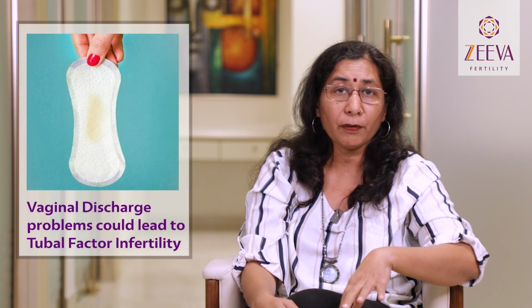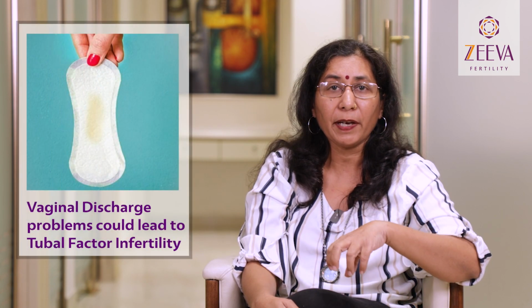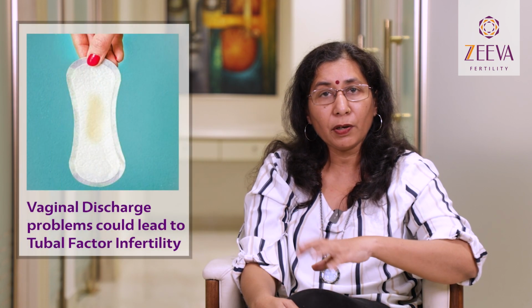Another factor which results in tubal factor infertility is that sometimes females have a vaginal discharge problem for a very long time. Vaginal infections may convert into pelvic infections, and then may result in tubal factor problems.